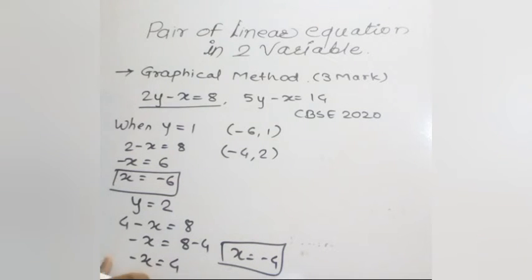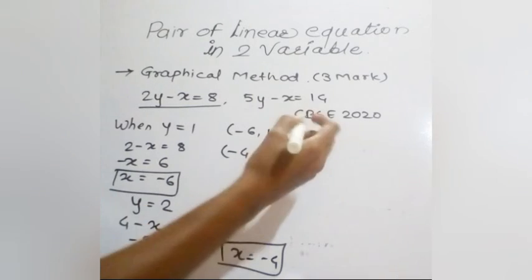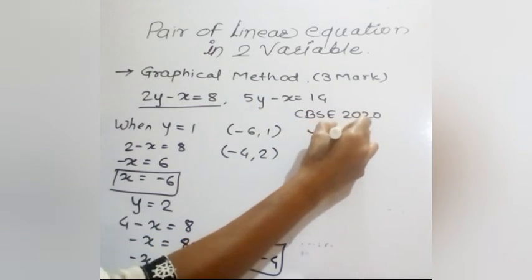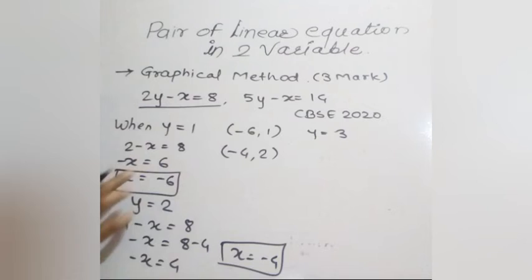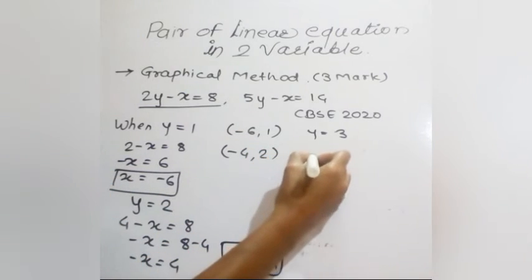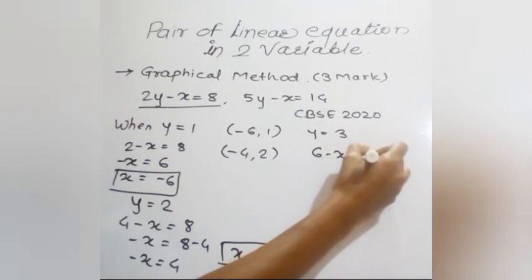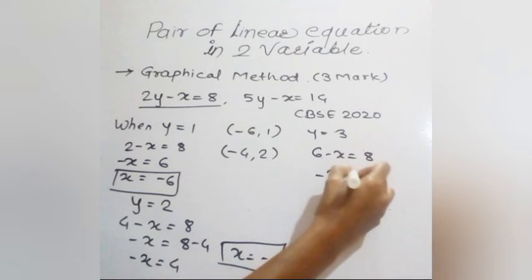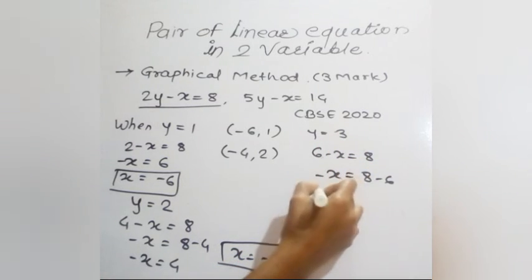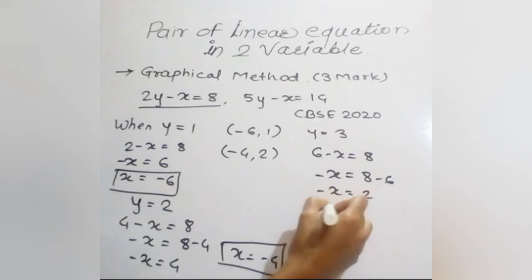Now let's find the third point for this equation. Let's put y is equal to 3. In that case, 2y means 6 minus x is equal to 8. Then minus x is equal to 8 minus 6 and minus x is equal to 2. Therefore, x is equal to minus 2.